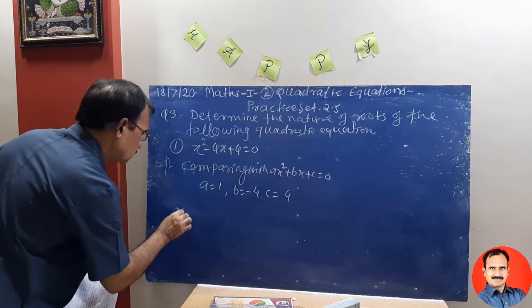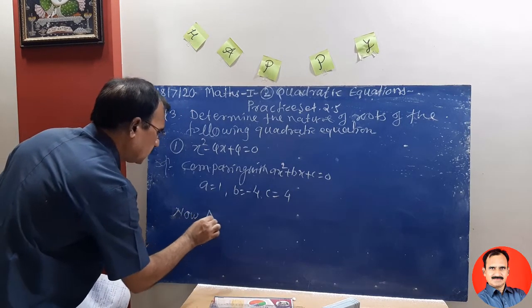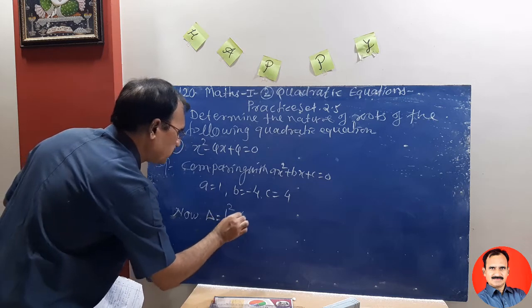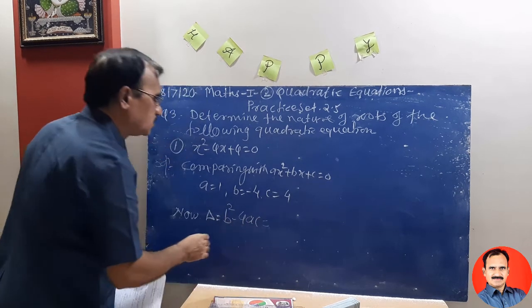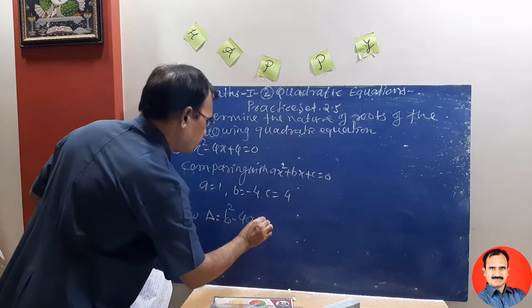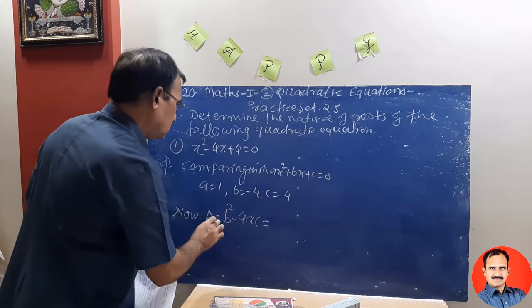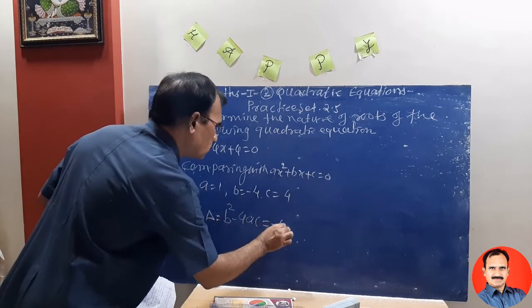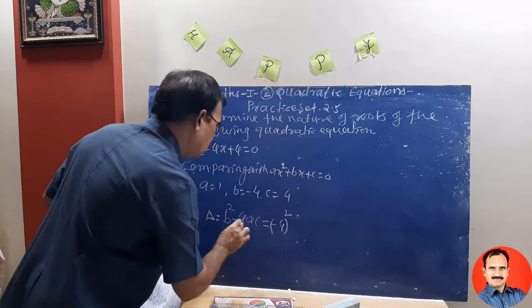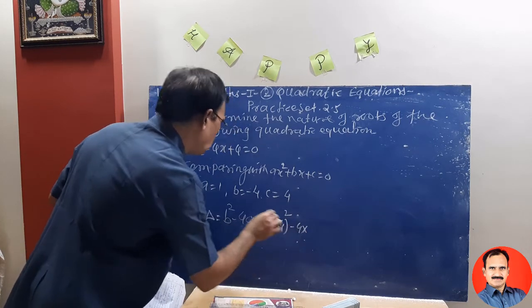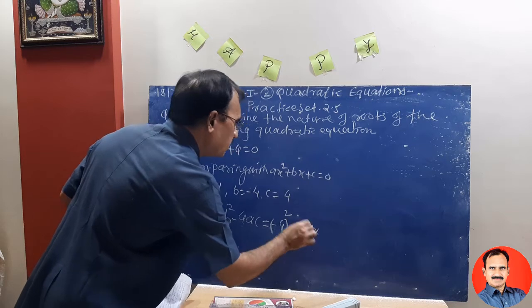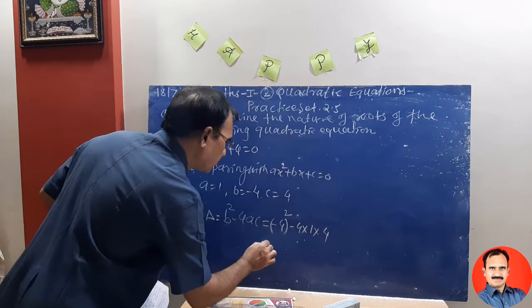Now, delta is equal to b square minus 4ac, which is minus 4 bracket square minus 4 into a is 1 into c is 4.